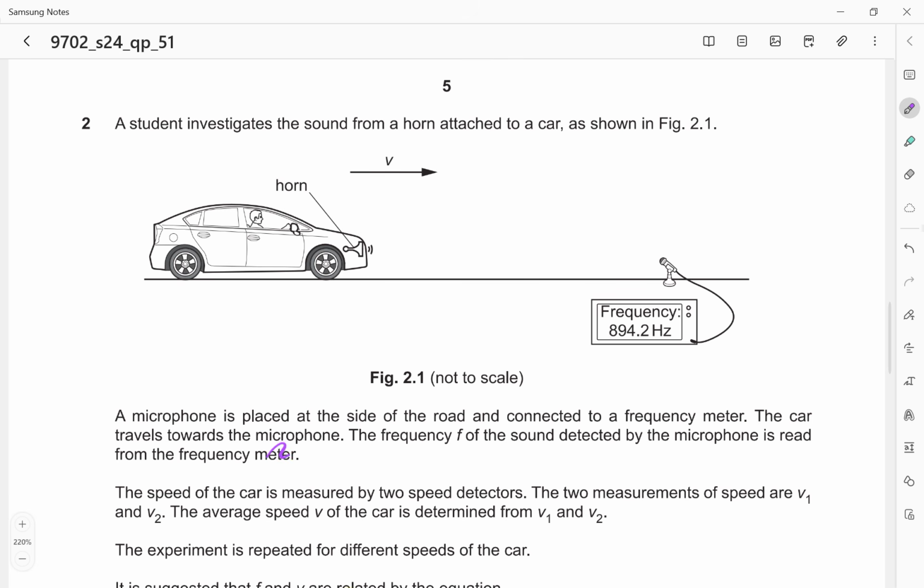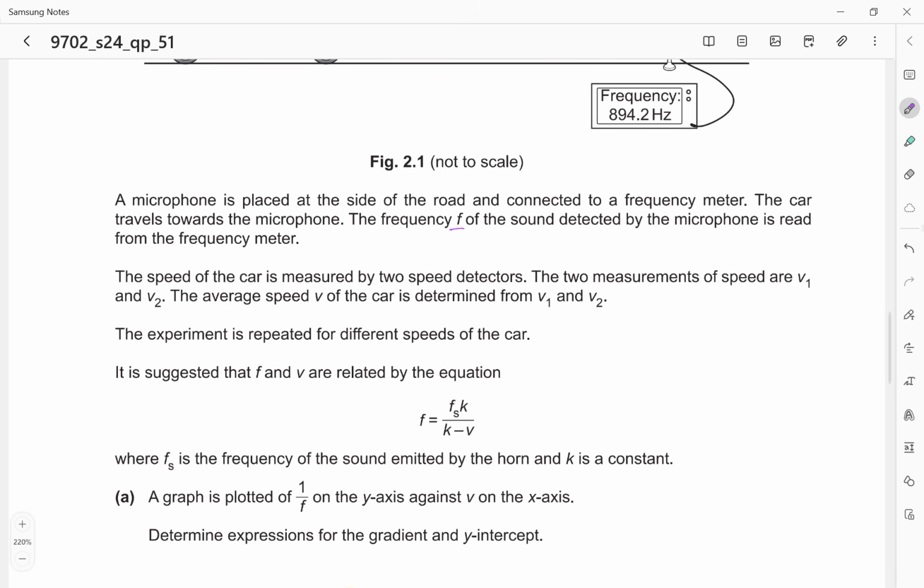The car travels towards the microphone. The frequency F of the sound detected by the microphone is read from the frequency meter. The speed of the car is measured by 2 speed detectors. The 2 measurements of speed are V1 and V2. The average speed V from V1 and V2 is determined.